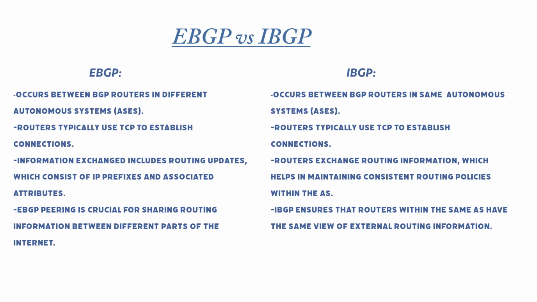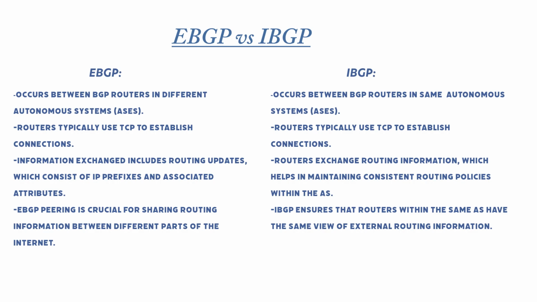It's not necessary that both devices have to be able to reach each other, or any other device on the same IBGP network, but they should be able to reach the same eBGP prefix if they want to. So IBGP ensures that all of them within the same IBGP have the same external routing information.